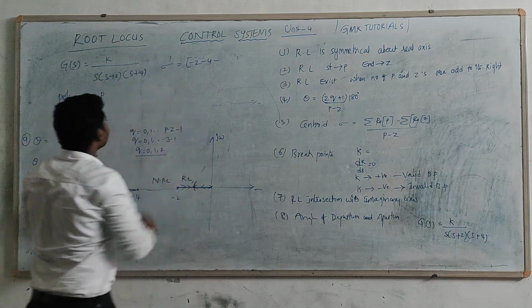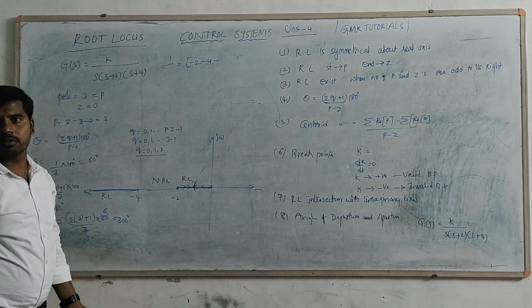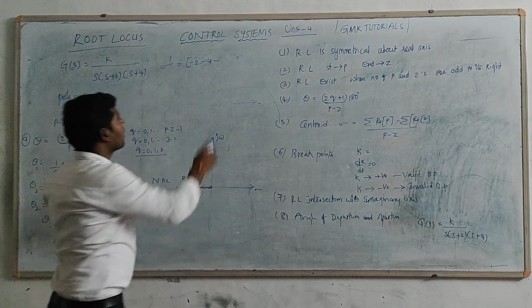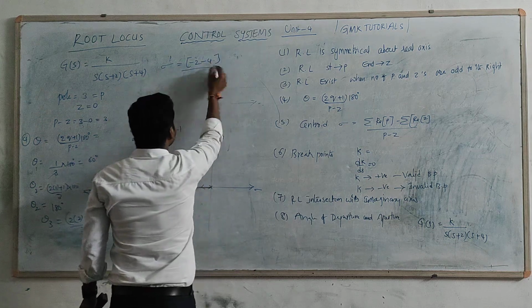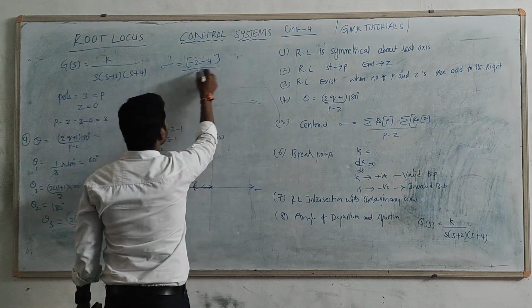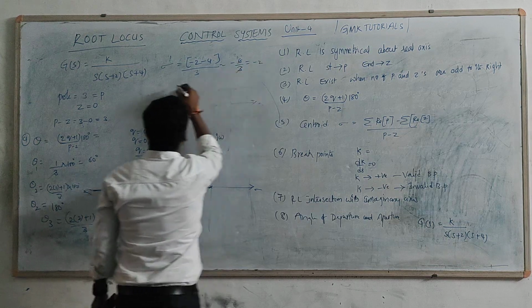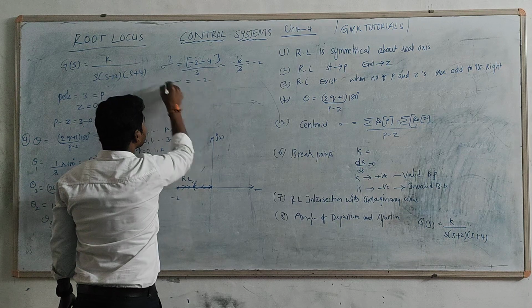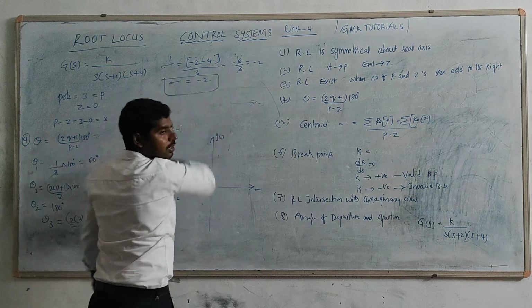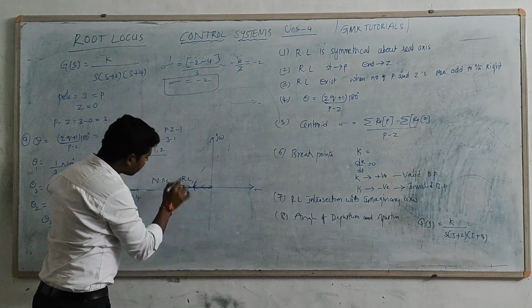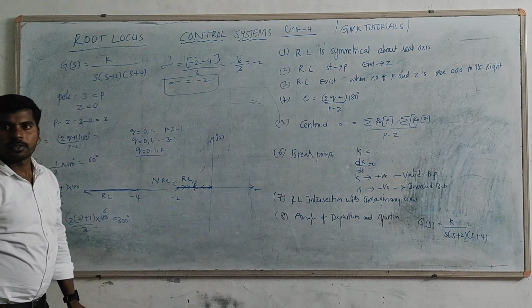We don't have any zeros, so we neglect that. Divided by p minus z, and p minus z is equal to 3. You will get minus 6 divided by 3, that is minus 2. That means the centroid is existing at minus 2.